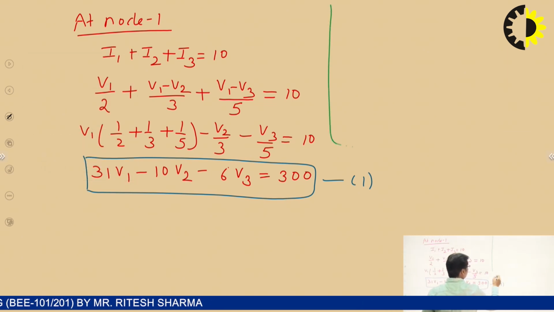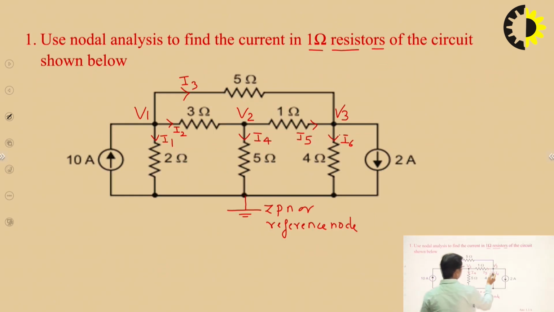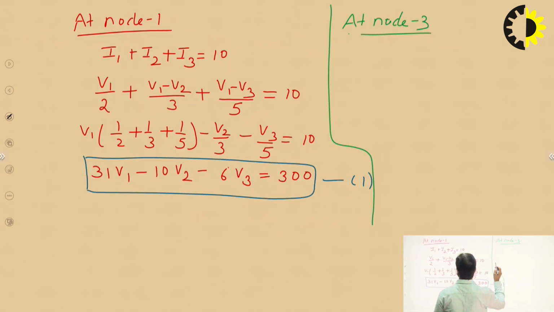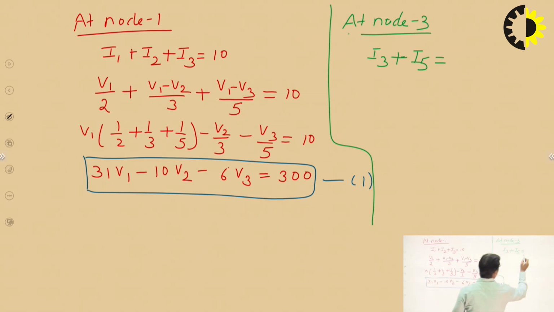So at the third node we can write the equation: the incoming currents I3 plus I5 are equal to I6 plus 2.